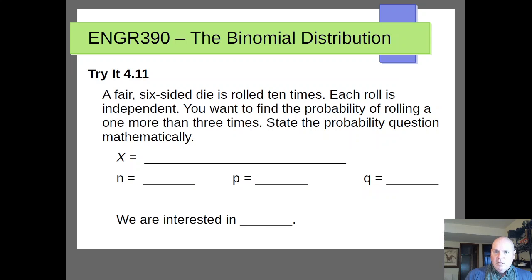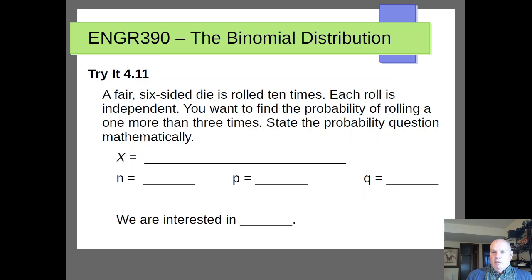Another example is we have a fair 6-sided die, and we're rolling it 10 times. And we want to find the probability of rolling a 1 more than 3 times. So write out the values for each of these. What is our random variable?